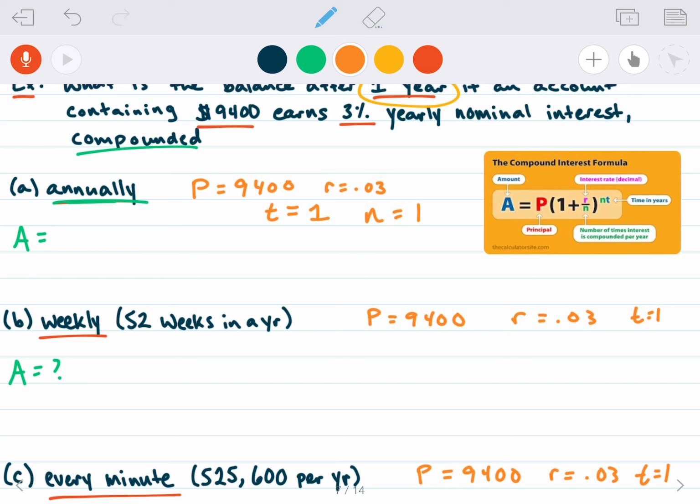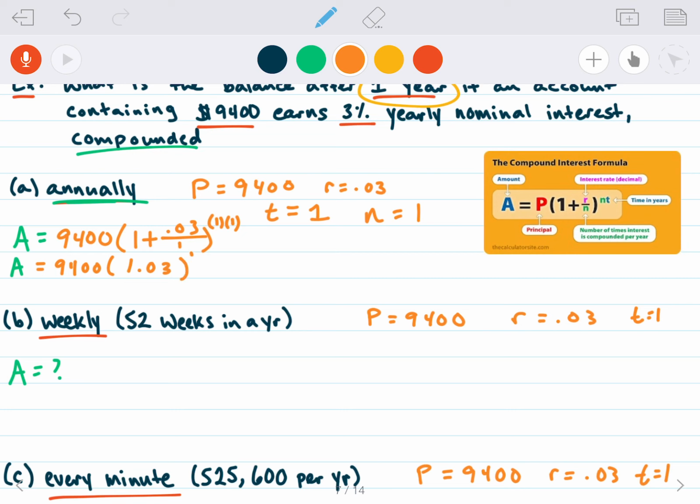A is going to be equal to the principal times 1 plus 0.03 over 1, all raised to the N times T, which is just 1 times 1. Okay, so if I simplify it a little bit on the inside, this is just 1 plus 0.03, which is 1.03, raised to the first power.